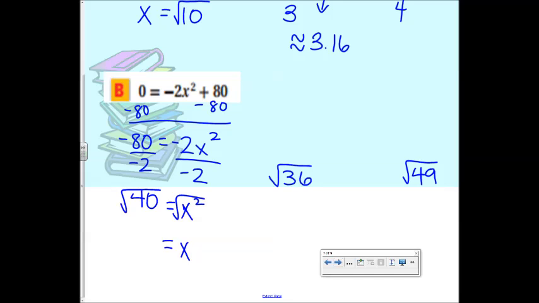It's a little closer to 36 because it's 4 away from 36. So that means it's a little bit closer to 6. So it might be something like 6.3 on this one. Check it on your calculator. Yeah, good. 6.32. Good.